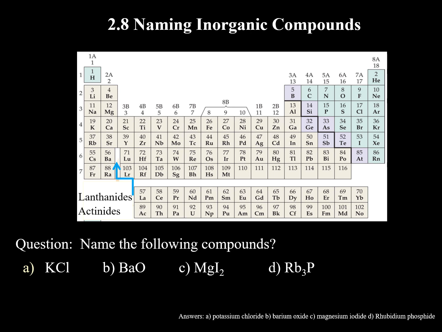So you can just pause the video and give it a try. I'll do the first one. Potassium here is K. Potassium, and it's not potassium chlorine, it becomes potassium chloride.